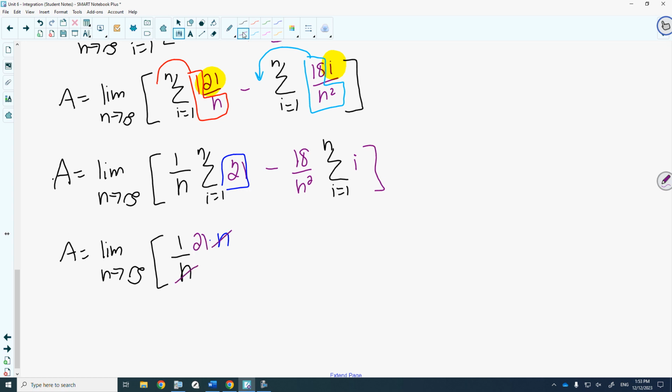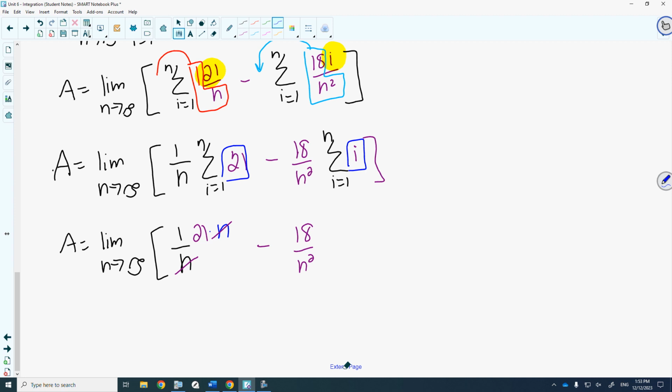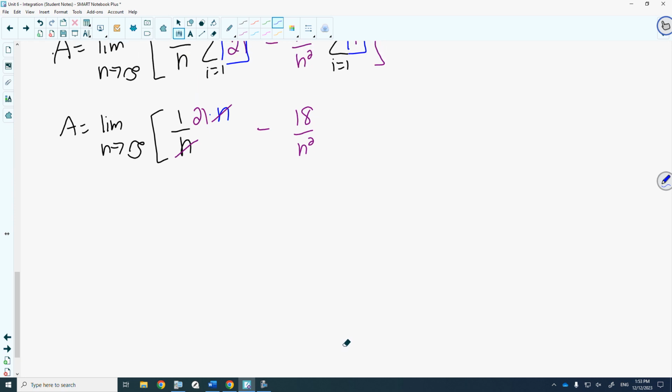N over n will cancel. So the area is going to be 21 minus 18 over n squared. Replace i with the formula for the sum of consecutive numbers, over 2.